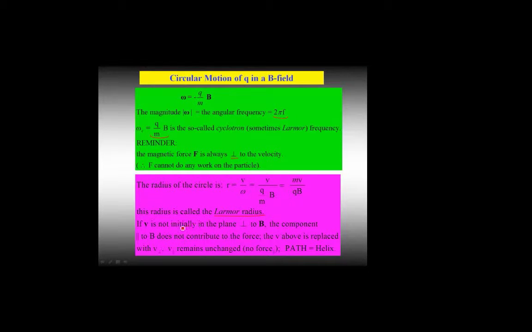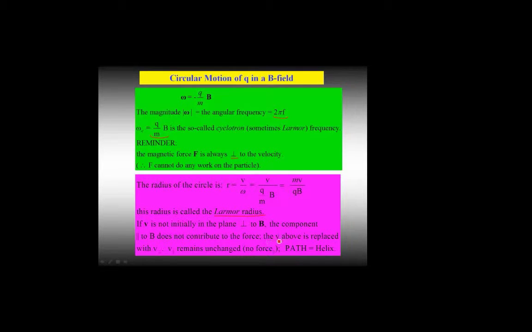So if v is not initially in the plane, everything we've said so far was in the plane perpendicular to B, but suppose it's not perpendicular to B, then the component that is parallel to B does not contribute to the force. And that goes back to the v component crossed into B, which, if it's parallel, is 0.